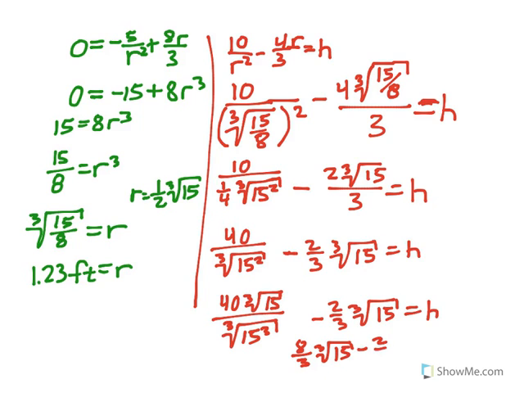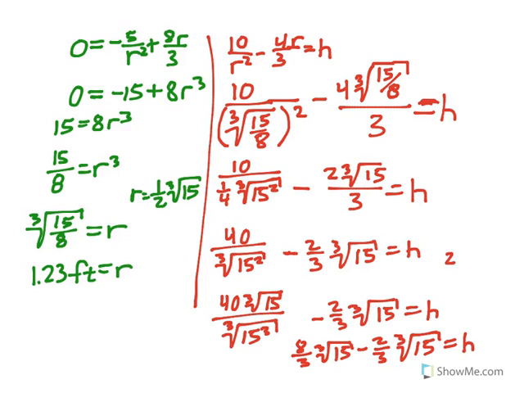minus 2 over 3 times the cubic root of 15 is equal to h. And so last but not least, we find that we get 6/3, or 2 times the cubic root of 15, is equal to h.